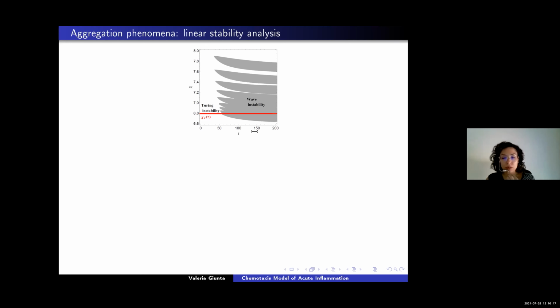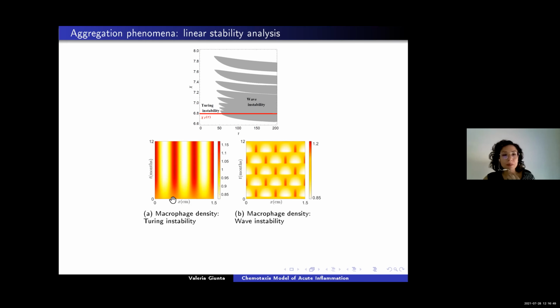I will show you two numerical simulations. These are the spatio-temporal evolutions of the solution on a 1D spatial domain in the Turing instability region and in the wave instability region. Here we observe that the solution evolves toward a stationary pattern, which is able to reproduce a persistent inflammatory activity.